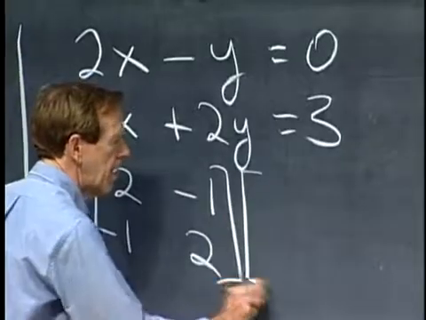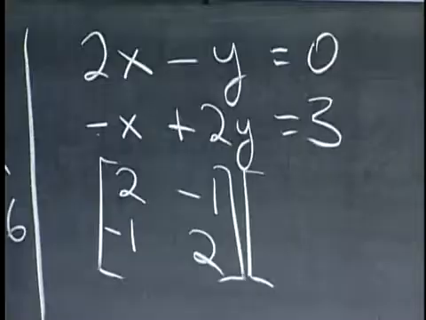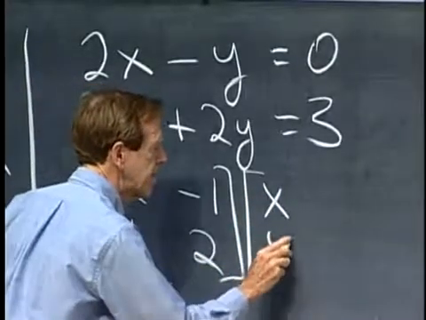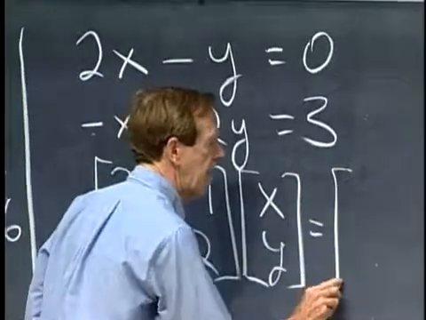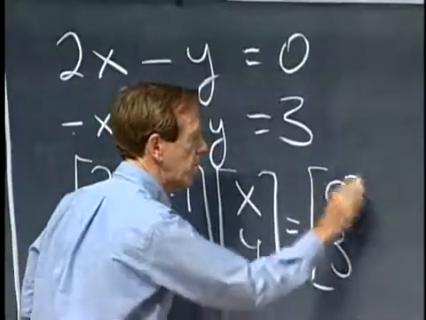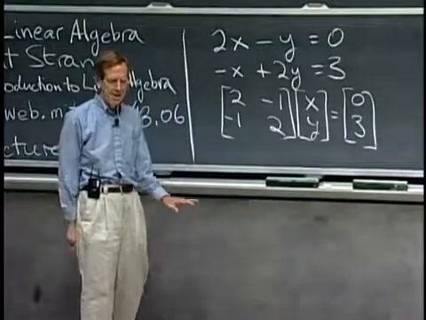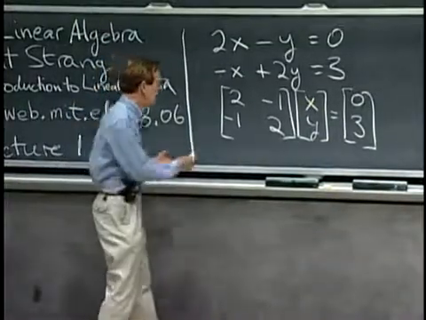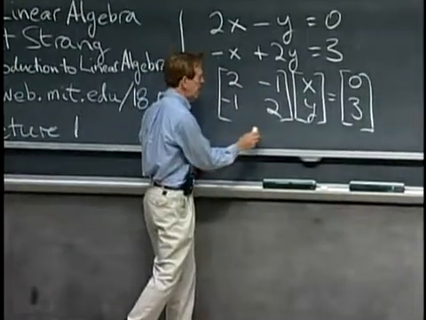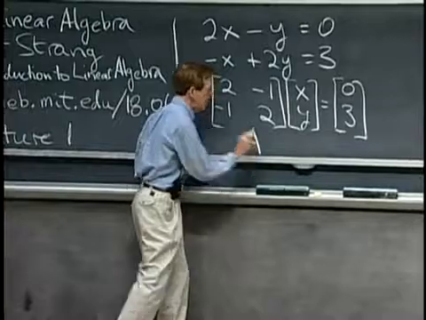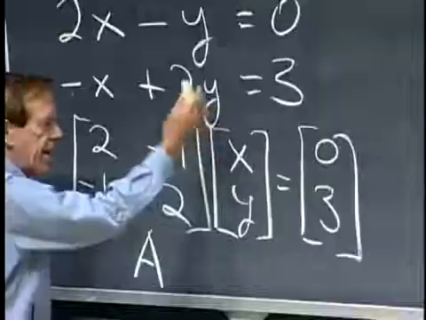And the unknown, well, we've got 2 unknowns. So we've got a vector, x with 2 components, x and y. And we've got 2 right-hand sides that go into a vector 0, 3. I couldn't resist writing the matrix form even before the pictures. So I always will think of this as the matrix A, the matrix of coefficients. Then there's a vector of unknowns.